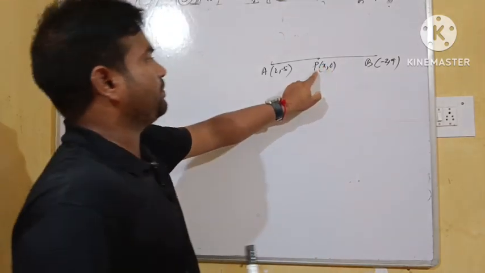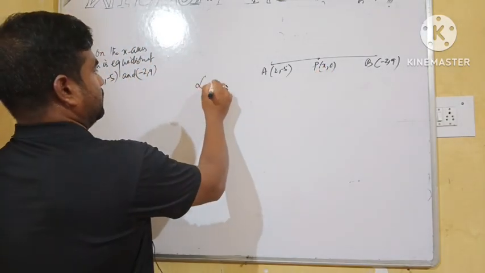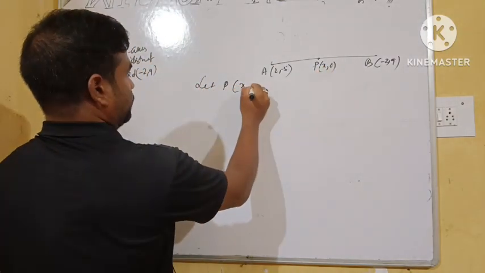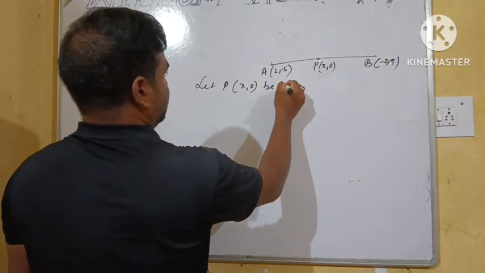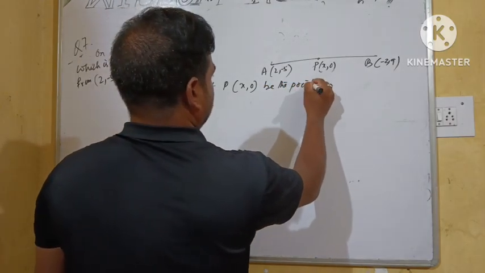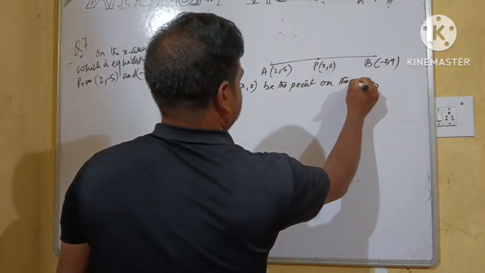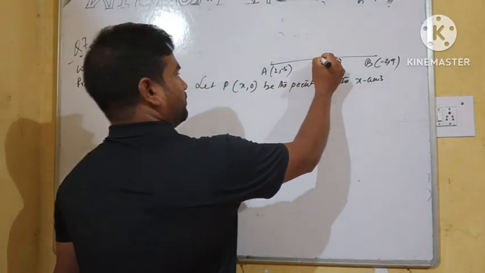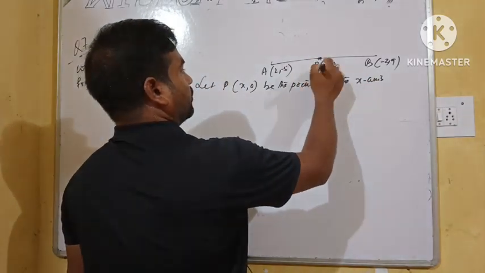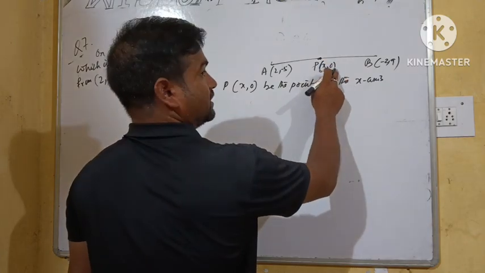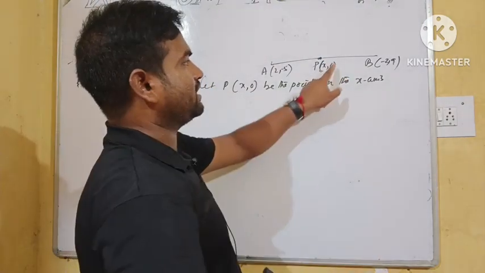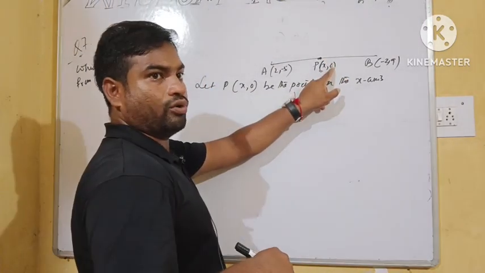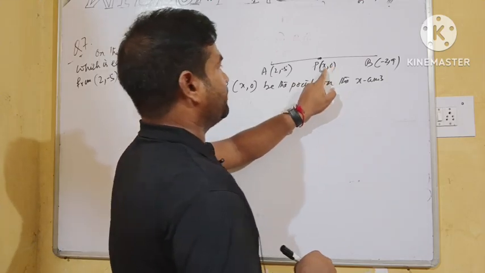So write down the point P. Let P(x, 0) be the point on the x-axis. On the x-axis, P is a point with coordinate x, while the y or ordinate will be 0.